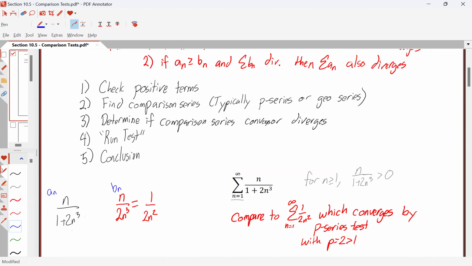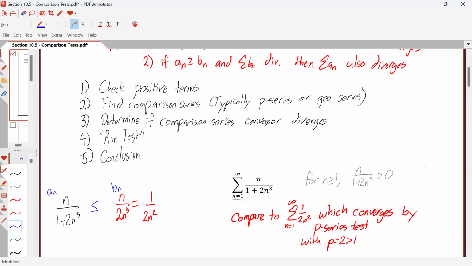Between an and bn, the only thing that changes is that denominator. In the case of an, that denominator is bigger than the denominator of bn. And for fractions, the bigger the denominator, the smaller the fraction. So n over 1 plus 2n cubed is smaller than n over 2n cubed.